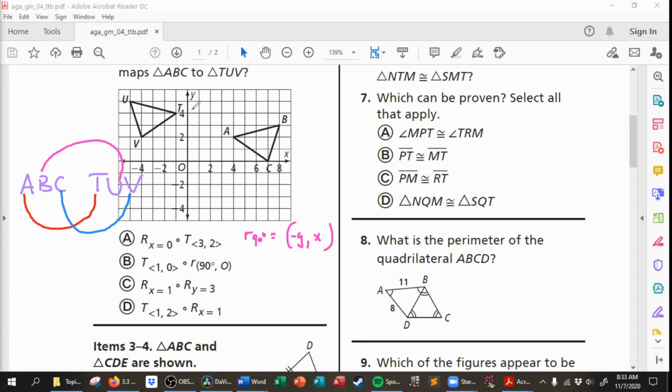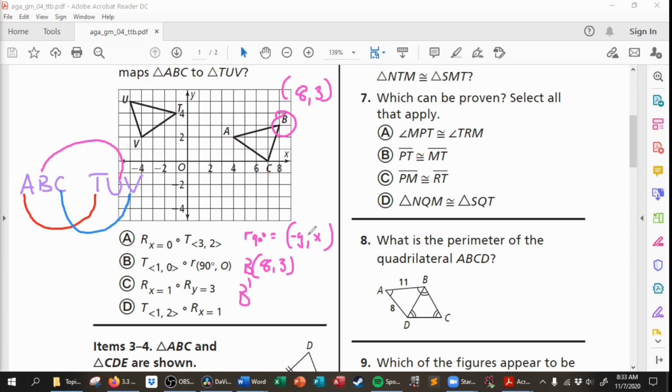So let's find our coordinate for B. This is going to be at 8, 3. So I'm just going to go ahead and put B is at 8, 3 here.